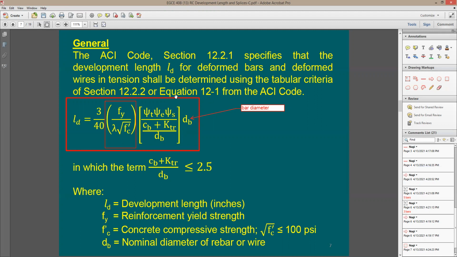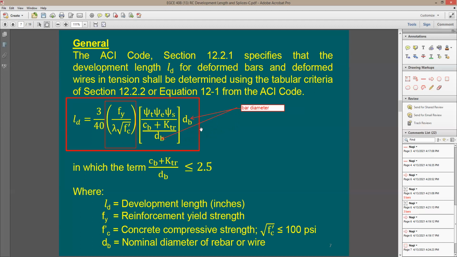This is why we have the psi sub s. So now I understand the reason that we have the 3 factors. One factor for being top or bottom rebars or vertical rebars. The second one is for the epoxy coating. The third one is for the size. And then I also have more factors. db is the same db, just the same.